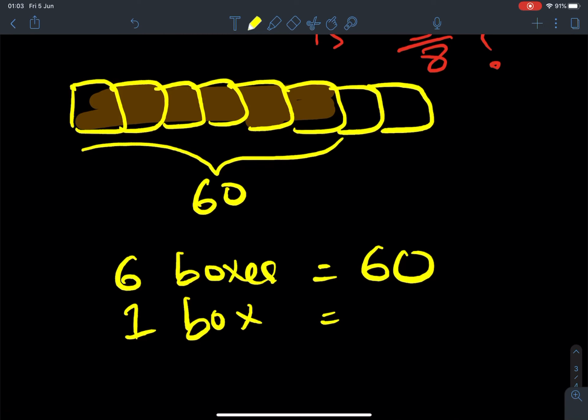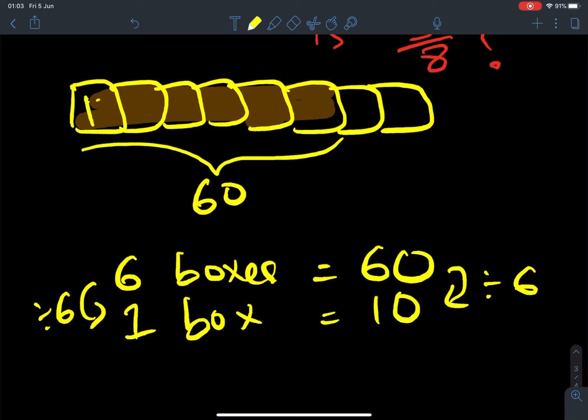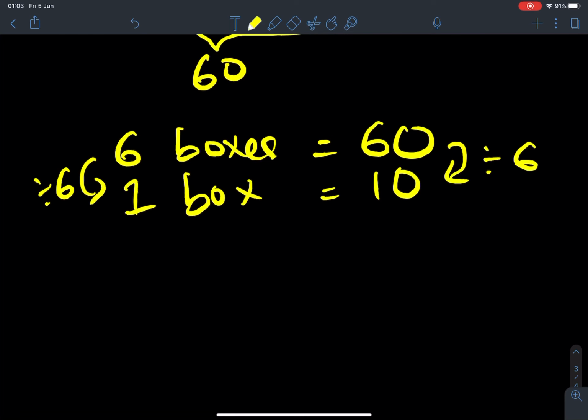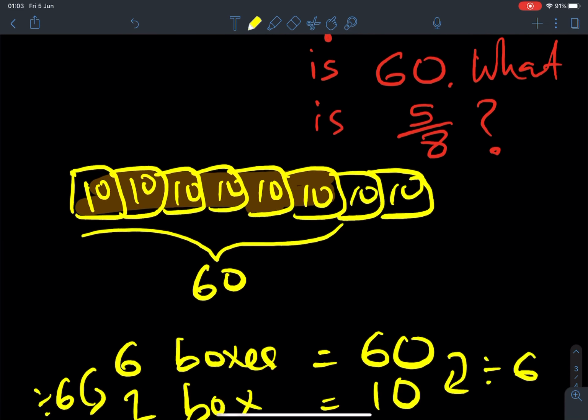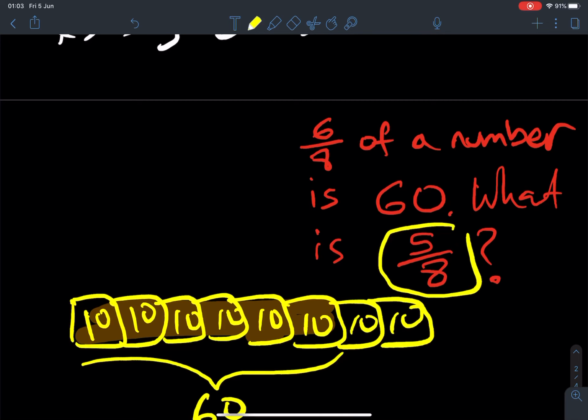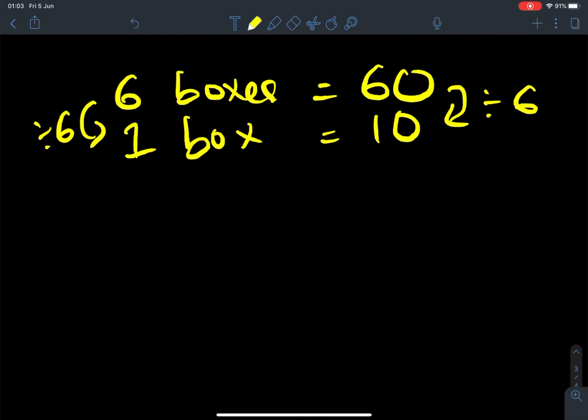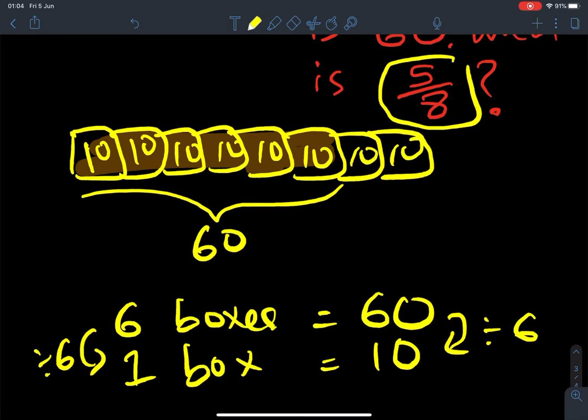So 1 box would be equal to 60 divided by 6, which is 10. So each box would be equal to 10. And now, very simply, if I'm trying to work out what 5/8 is, it's the same as working out the value of 5 boxes.